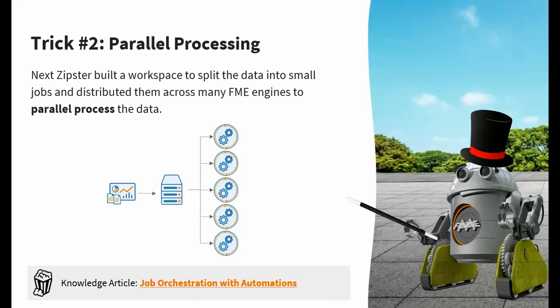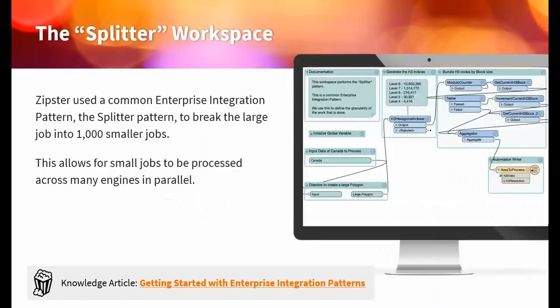So I think we have to do some orchestration. You have to combine. I think automations is really going to help in this one, right, Wes? Yes, right. And we will show you some examples of the workspaces that will be used to do these automations. The splitter workspace actually splits the job into many smaller jobs.